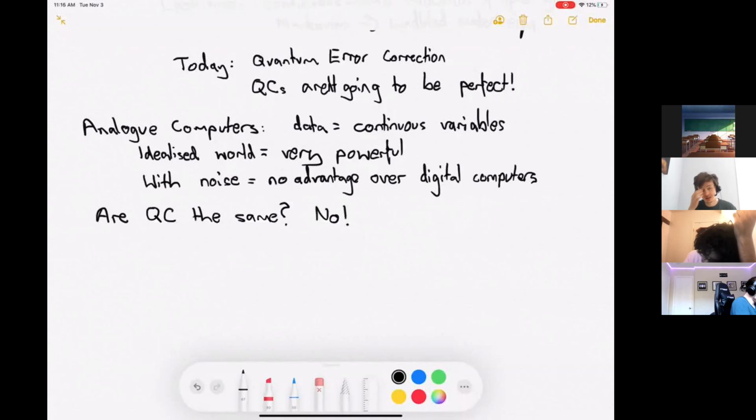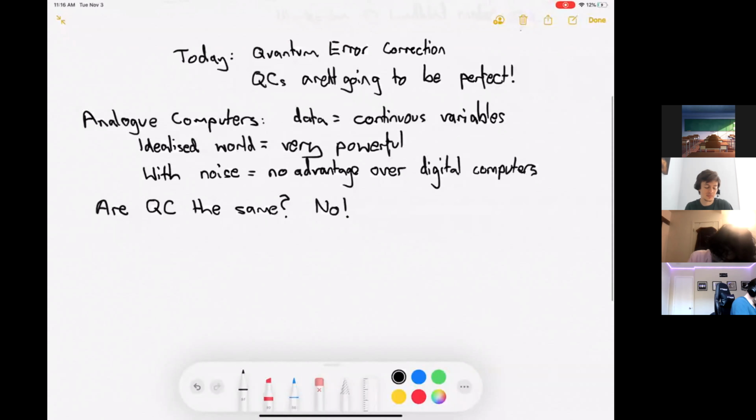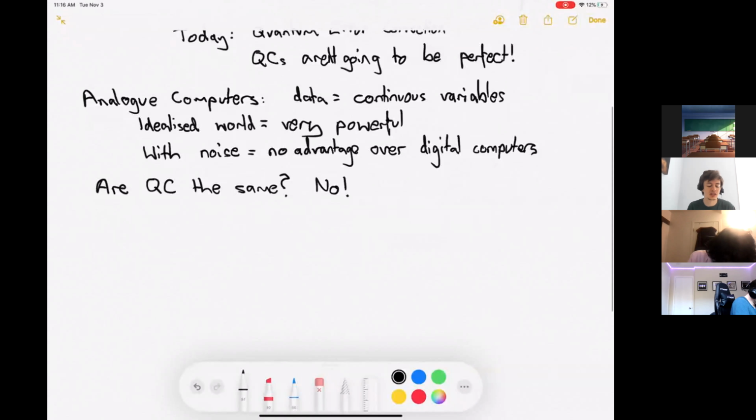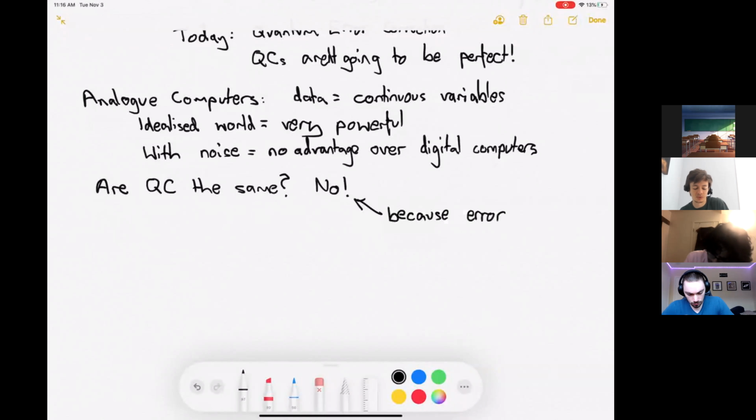But it turns out that this is not true. Quantum computers genuinely, even when you include noise, are more powerful than classical computers. And the reason is, of course, because we can do quantum error correction, whereas for a classical continuous variable, if you have a little bit of noise, that noise is completely uncorrectable.